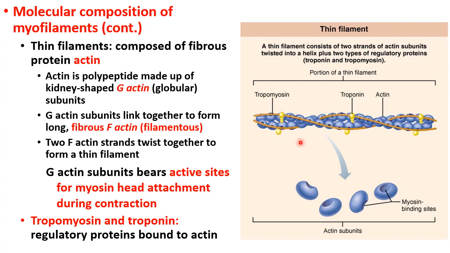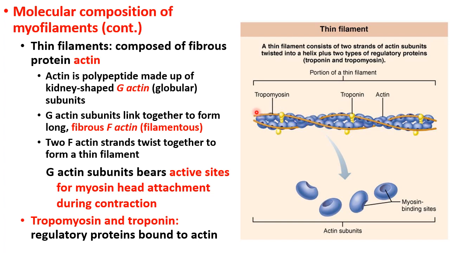Now, this actin is going to have binding sites for the attachment of the myosin head. Okay, but you don't want to have contact of myosin to actin unless you are commanding a muscle contraction. Okay, so in order for this thing not to contract without us knowing or commanding, the binding site of the actin is blocked.